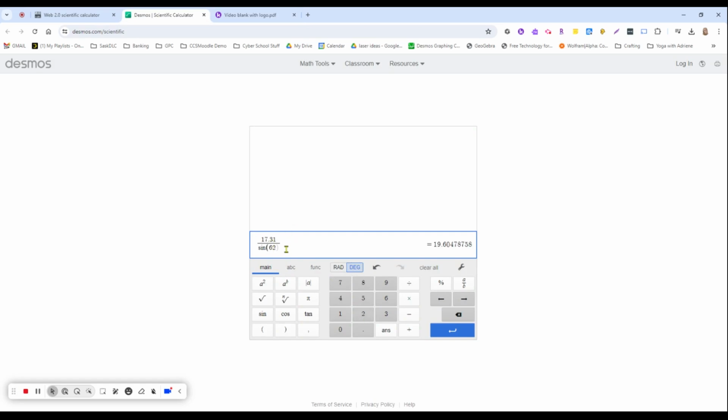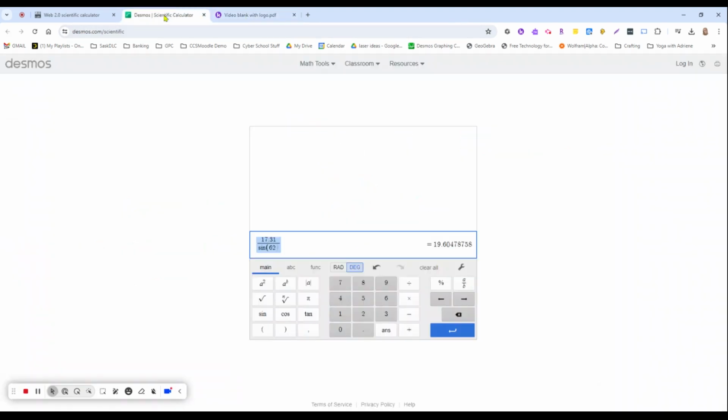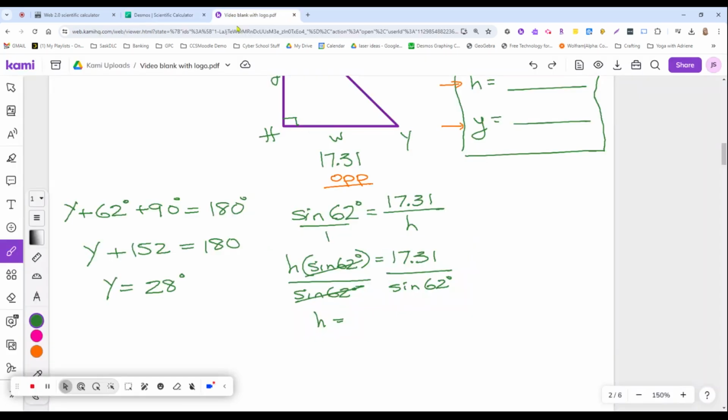And if you look at what's in here in this little spot, you can see that 17.31 over sine of 62, just like what we have here. So it's doing the right math. I'm going to hit enter, and it says 19.60 blah, blah, blah, blah, blah.